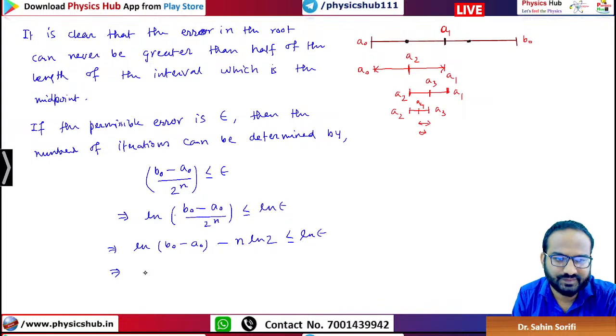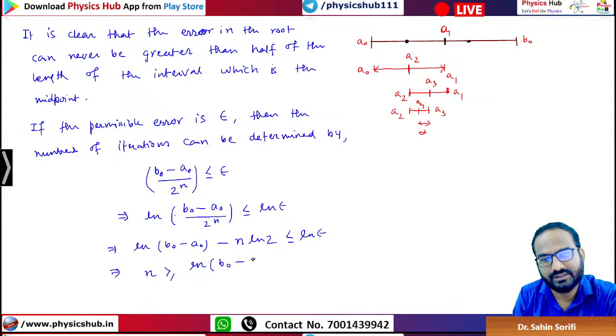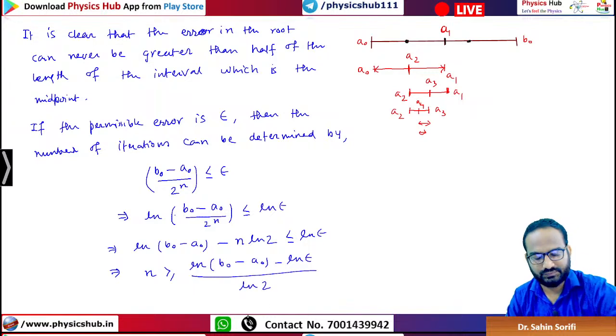Therefore n is greater than or equal to (ln(b naught minus a naught) minus ln epsilon) divided by ln 2.